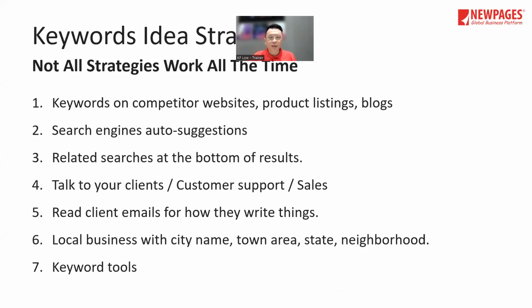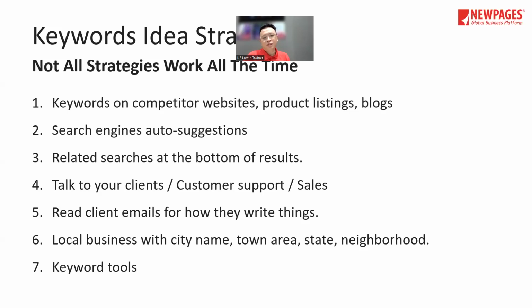You can take note of this. Number one is keywords on competitor websites. This is one thing that I will do. In fact, all of this is what I do whenever I search for keywords for my clients.